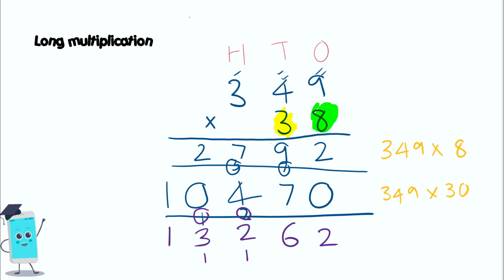But as long as you don't mix those up and you make them smaller, or you cross them out, or you do something so that you make sure you're only adding up the digits that are in both rows. Now, what I would also do is count in from the end of my number, 1, 2, 3, and put a separator. So my answer is 13,262. Shall we do another one?